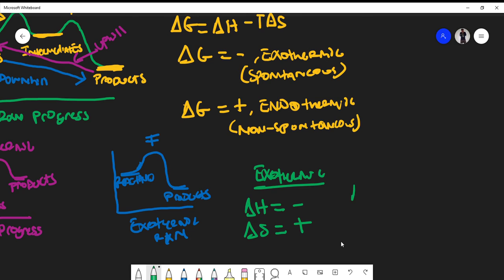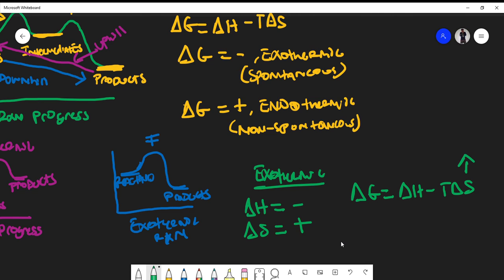If we have delta G being equal to delta H minus T delta S, where T is our temperature, in this case, remember we said that if delta G is negative, that constitutes a spontaneous reaction, or in other words, an exothermic reaction. Now, in order for this delta G to be negative, that means that my delta S has to be really positive.